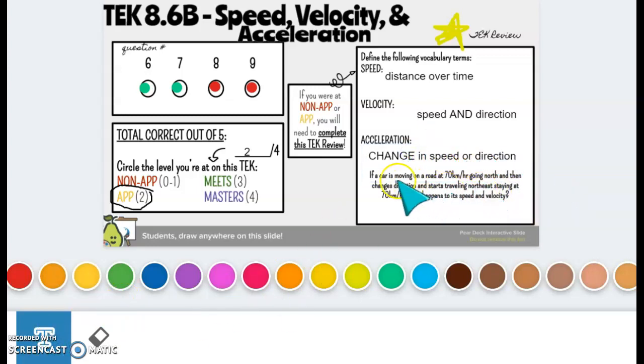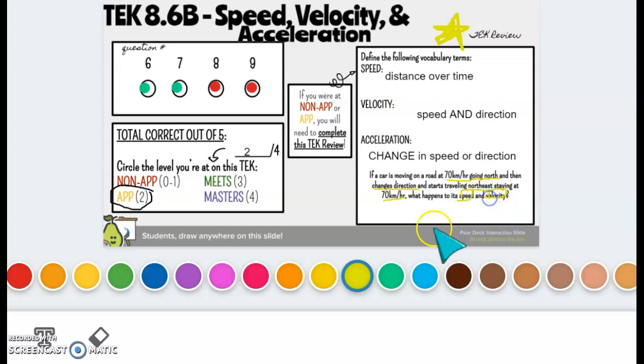Looking at that bottom question, it says if a car is moving on a road at 70 kilometers per hour, going north, and then changes direction, and starts traveling northeast, staying at 70 kilometers per hour, what happens to its speed and velocity? So if it starts at 70 kilometers per hour and stays at 70 kilometers per hour, that would be our speed.